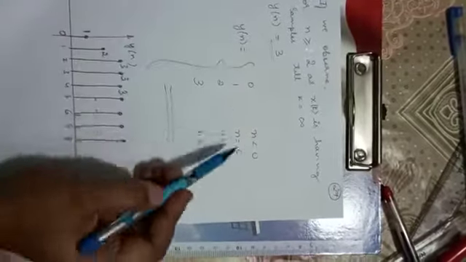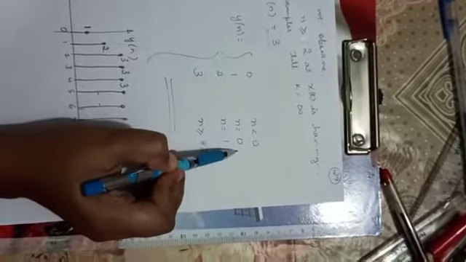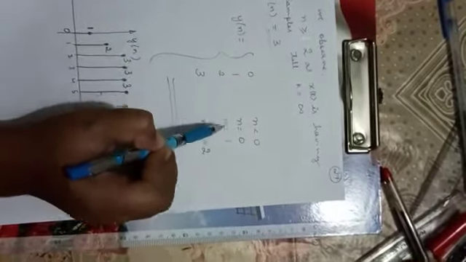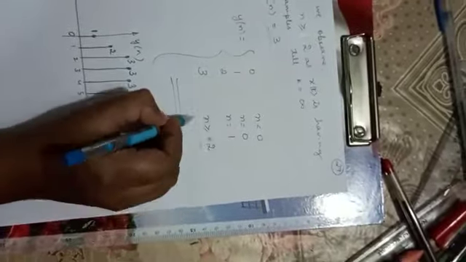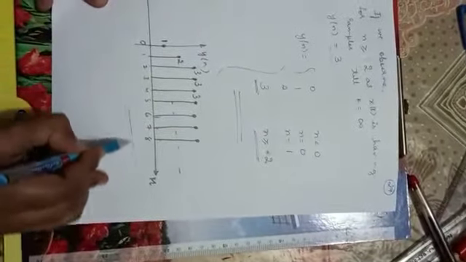Further you will be getting only the value 3. So y of n can be written as 0 for n less than 0, value 1 when n equals 0, and value 2 when n equals 1. But when n is greater than or equal to 2, for all other values, the value is only 3. If I plot the signal, y of n appears like this.